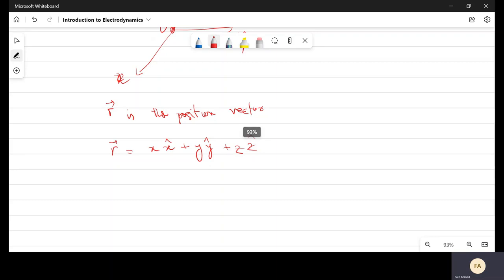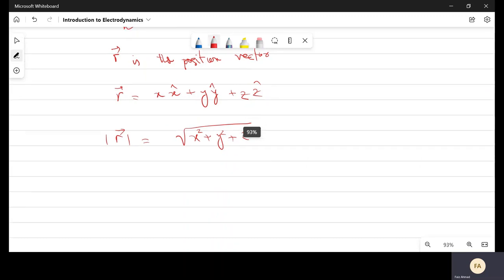The magnitude of R is the square root of x squared plus y squared plus z squared. If we take the unit vector R, the definition of the unit vector is the vector divided by its magnitude.